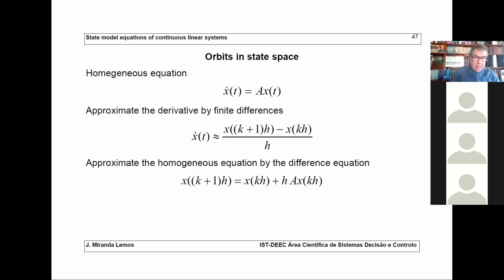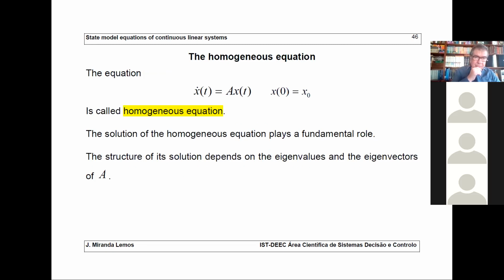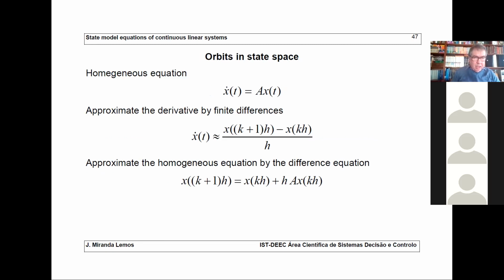Okay. Now, the first thing is to introduce something that will give you some hint on the structure of the solutions. And let's use a very simple numerical solution method.